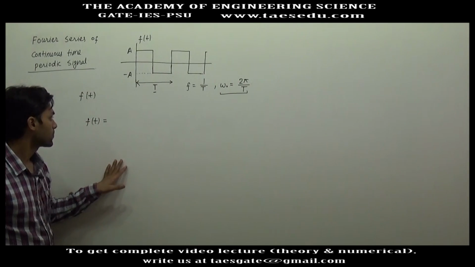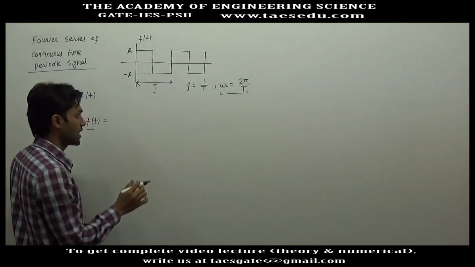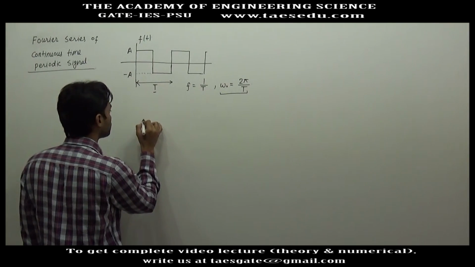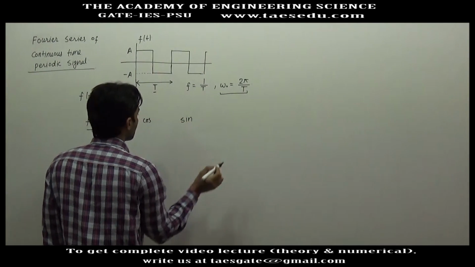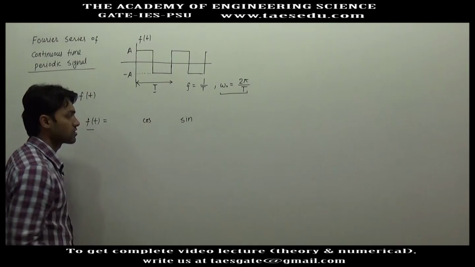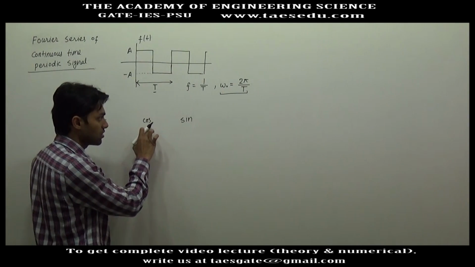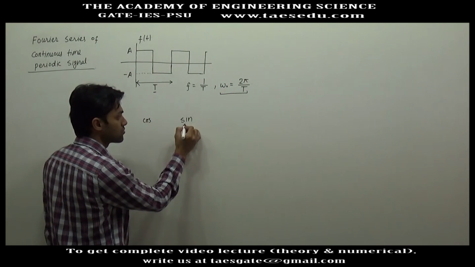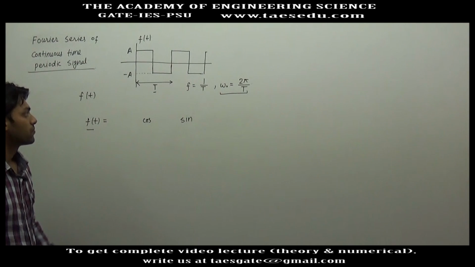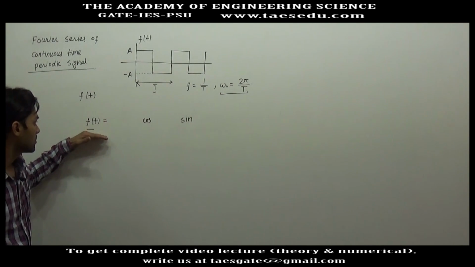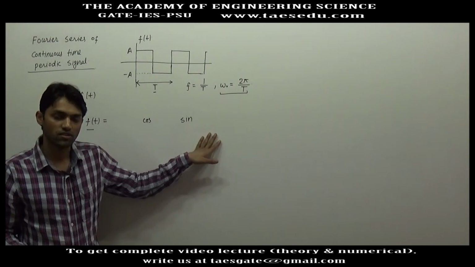What we have to do is represent this original signal in the form of sine and cos. There will be some cos functions and sine functions, and obviously each will have some frequency. This is also a periodic signal, so it will certainly have a frequency.